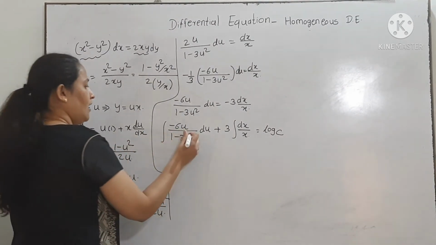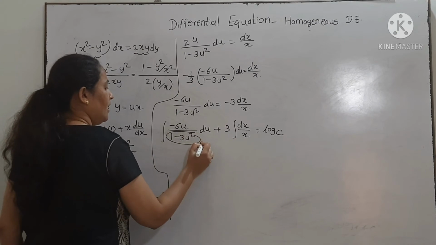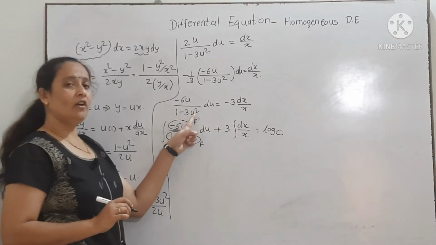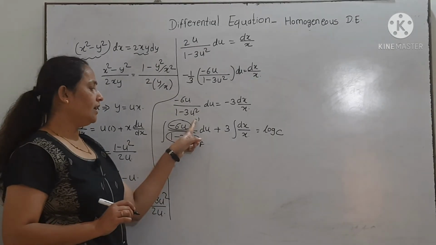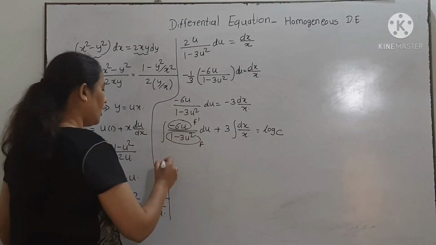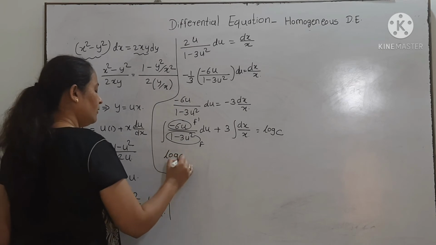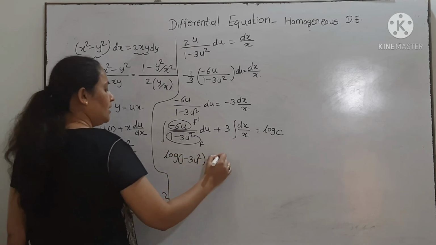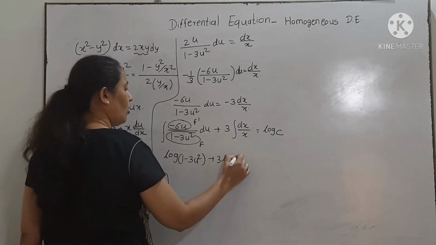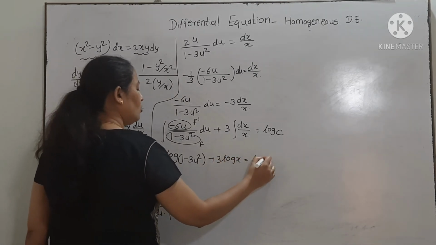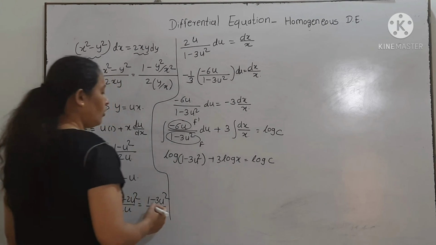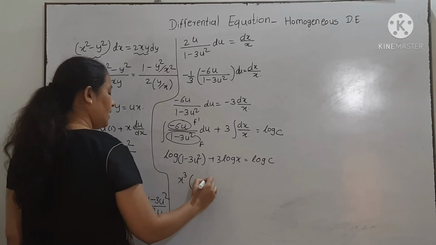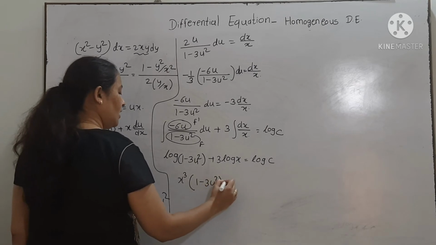This is f, and the derivative of this is f dash. So this is in the form of f dash upon f. The integral of f dash upon f is log f. So it is log of (1 minus 3u square) plus 3 log x equal to log c. Use the rules of logarithm. It is x cube in bracket (1 minus 3u square) equal to c.